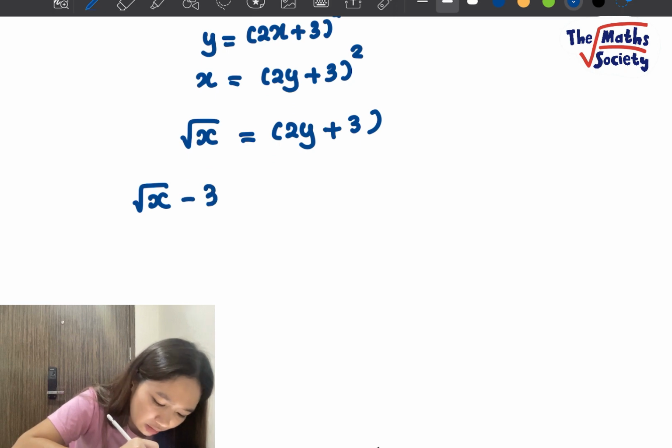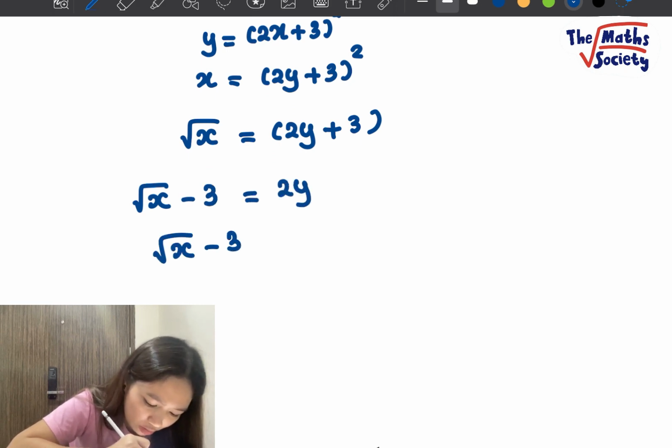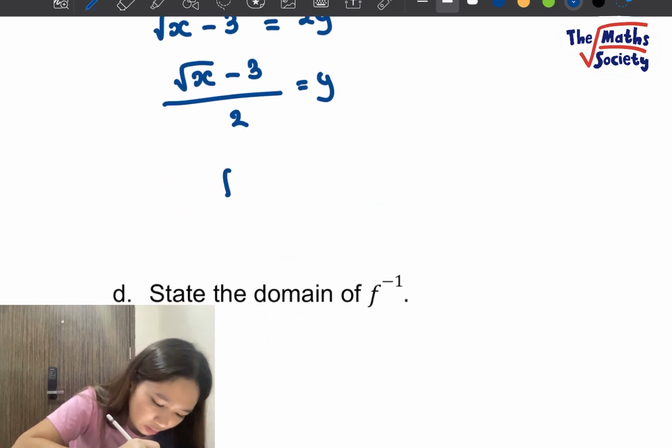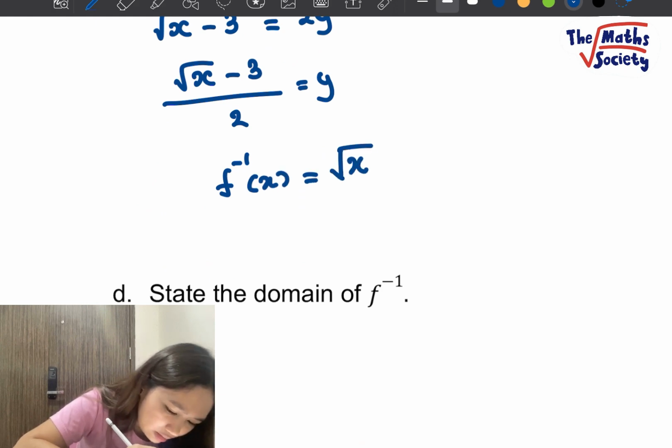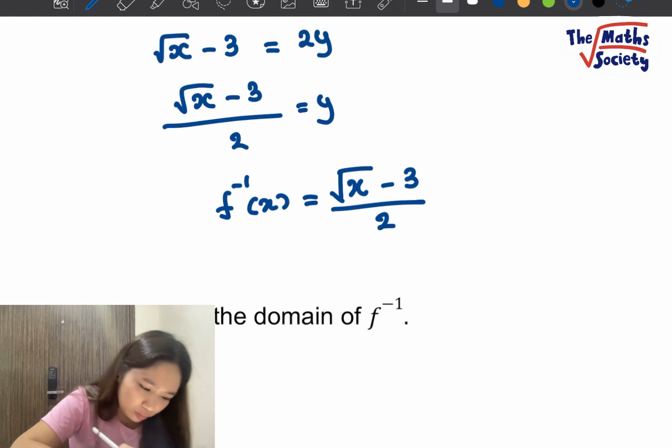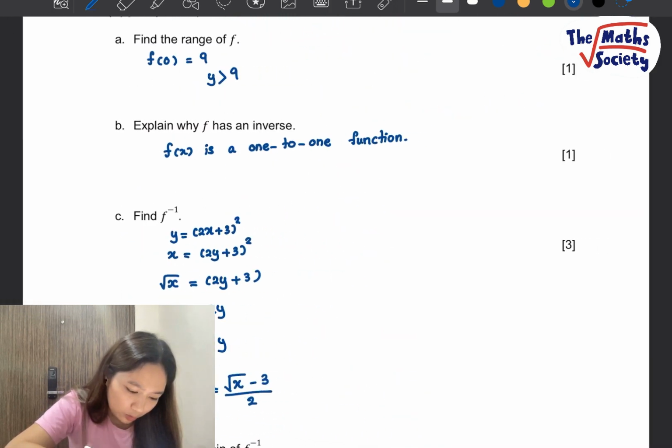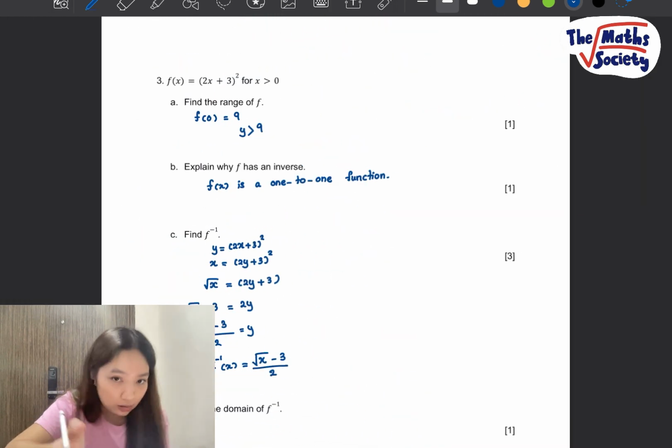So square root of x minus 3 is equal to 2y, and this will give me square root of x minus 3 divided by 2 is equal to y. So then f inverse of x will be equal to square root of x minus 3 divided by 2. And I'm gonna check the question again. They just asked for f inverse, so I'm done.